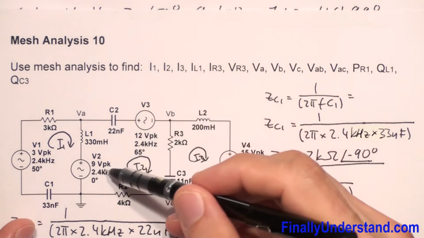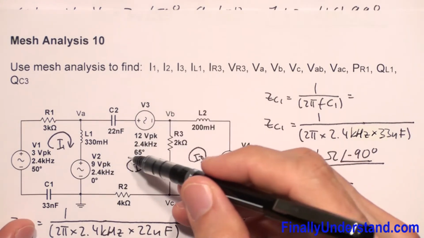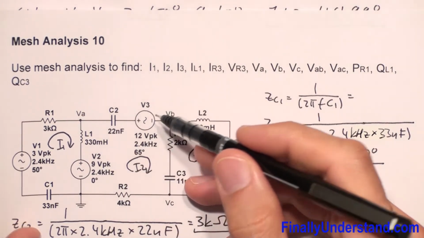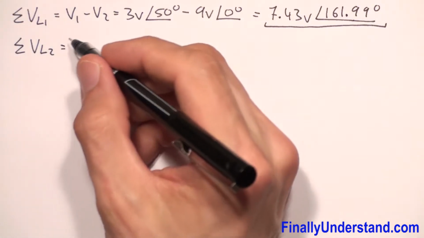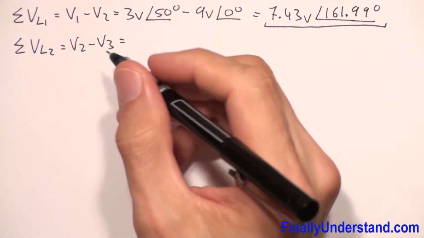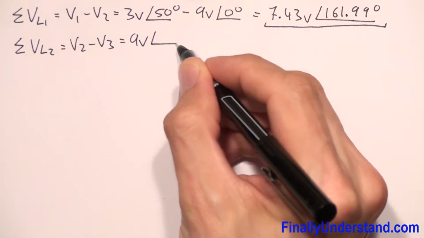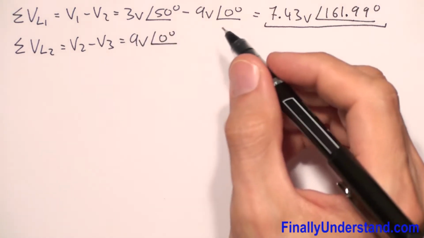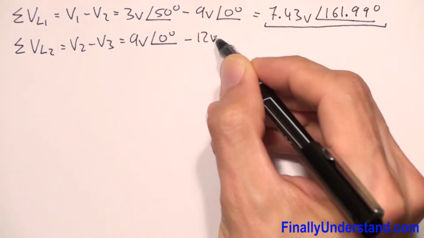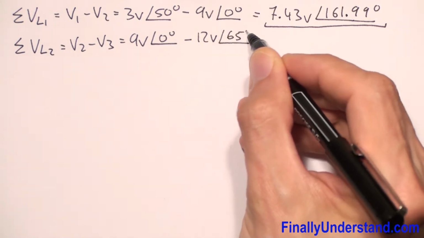So the sum of the voltage sources in loop 2 is equal to V2 minus V3. Okay, so I have V2 minus V3, where V2 is equal to 9 volts and angle of 0 degrees, minus 12 volts and angle of 65 degrees.